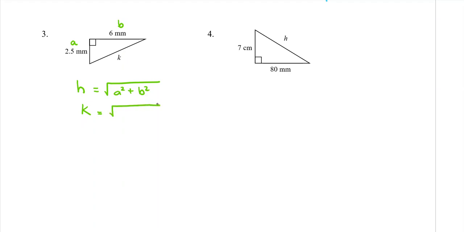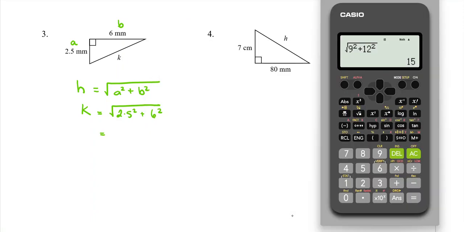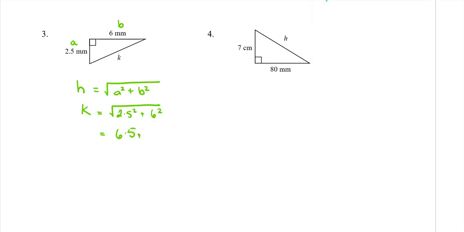Square root 2.5 squared plus 6 squared equals, and in the calculator, 6.5 millimeters.